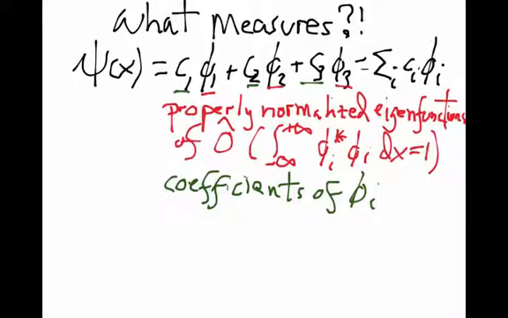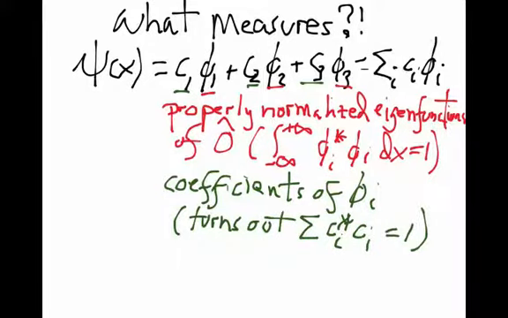So those we call the coefficients of each phi. And it turns out, as we saw with the two coefficients that were each 1 over the square root of 2, it's always true that the sum of Ci star times Ci is going to be 1.